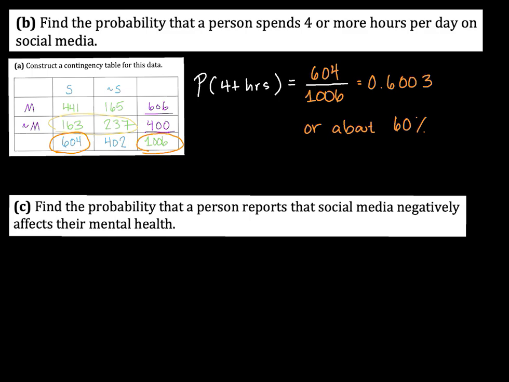For part C, it asks us to find the probability that a person reports that social media negatively affects their mental health.